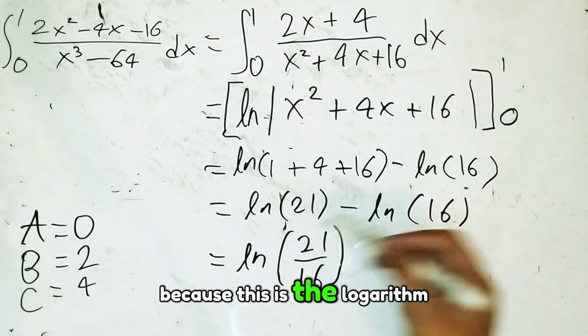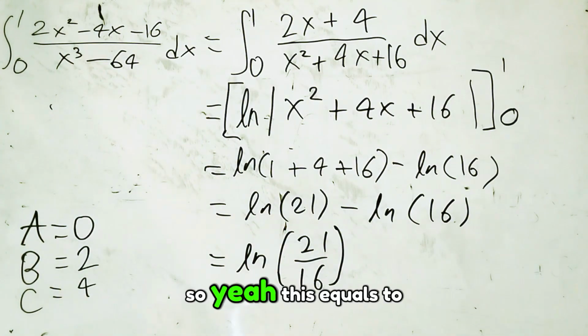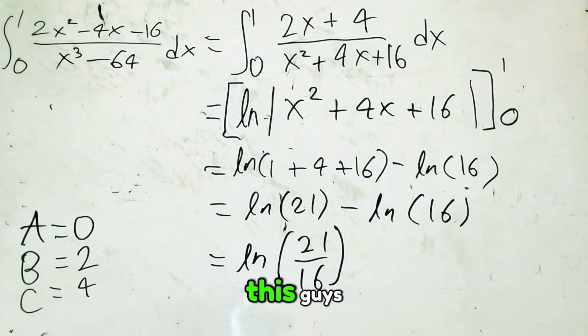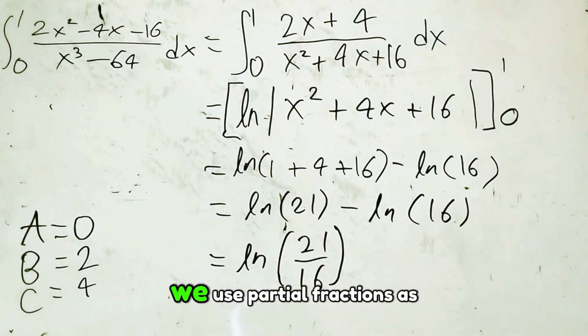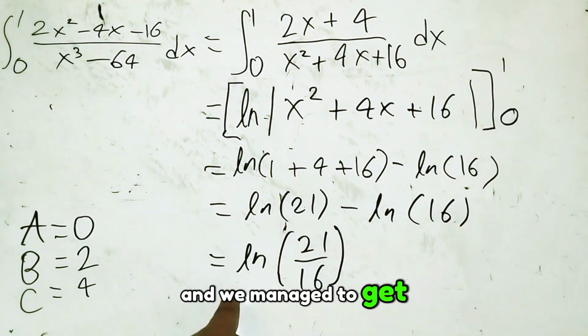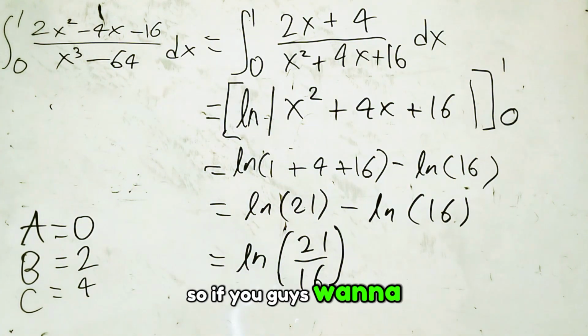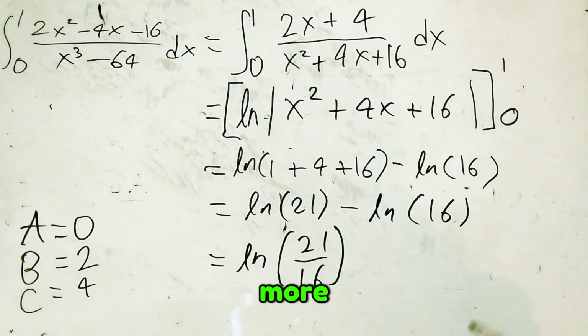Because this is a logarithm, we can just use this formula. So yeah, this equals to this, guys. How shocking is that? We use partial fractions to our advantage and we managed to get the natural log of 21 over 16.